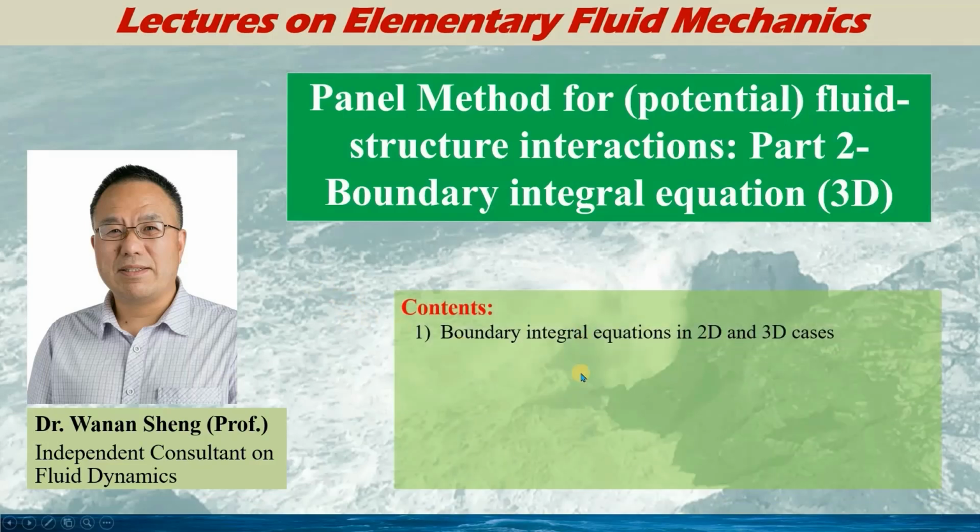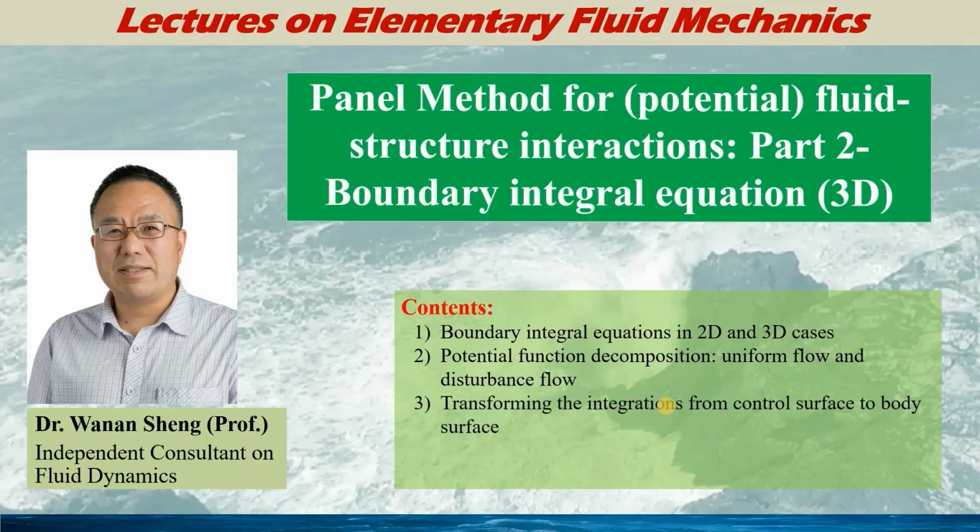In this talk, I will first introduce the boundary integral equations in 2D and 3D cases, and these are general boundary integral equations. And then we will look at the potential function decomposition for uniform flow and the flow disturbance by the structures.